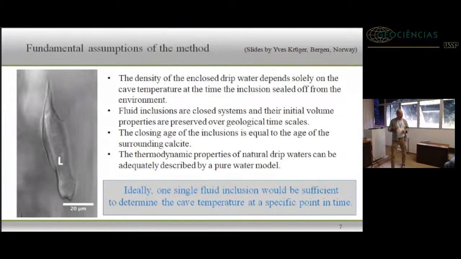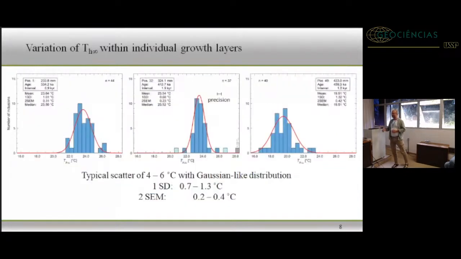What's cool about this method, if you really think about it, if you do this right, you ought to be able to do it on a single fluid inclusion, right? Which makes me jealous from the isotope point of view. But fortunately, next slide. If you do it on a single inclusion, it's not going to work so well because you have to do multiple and form these sort of Gaussian distributions and then get averages out.